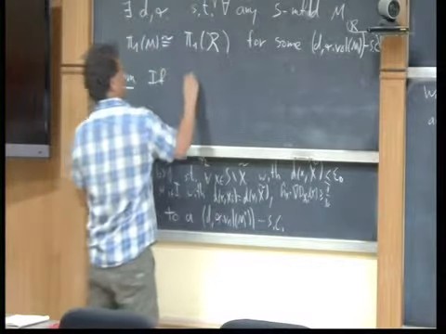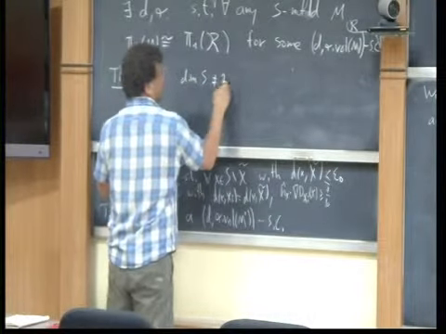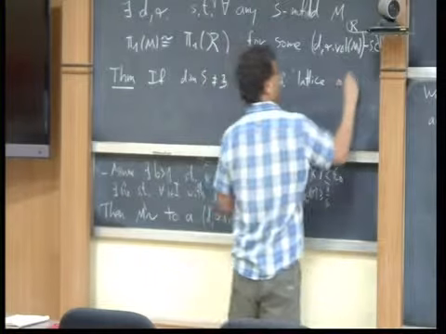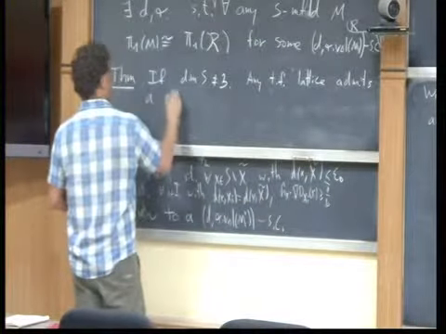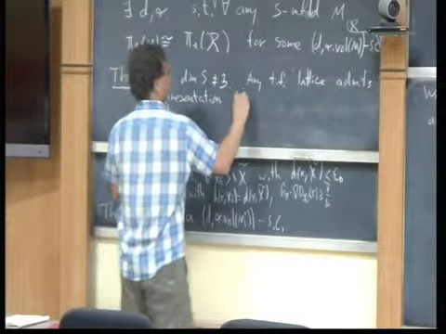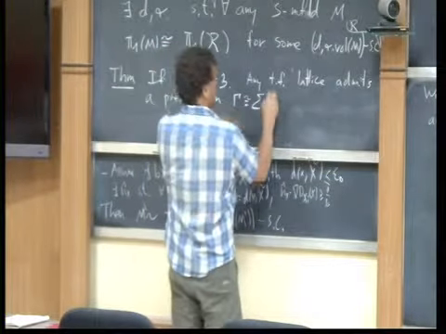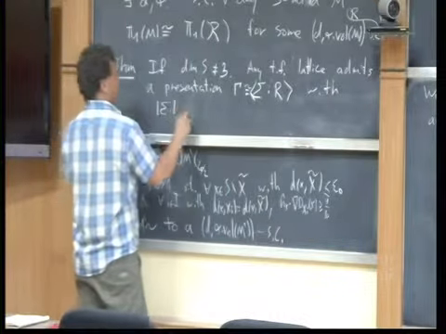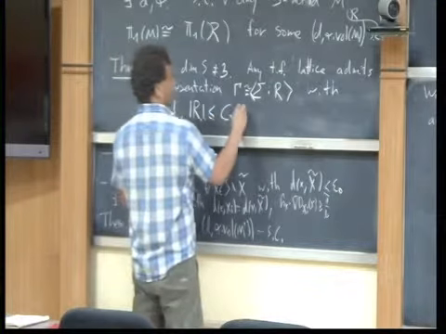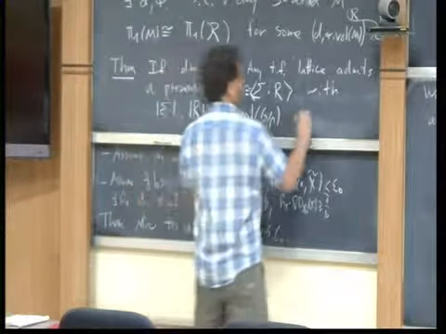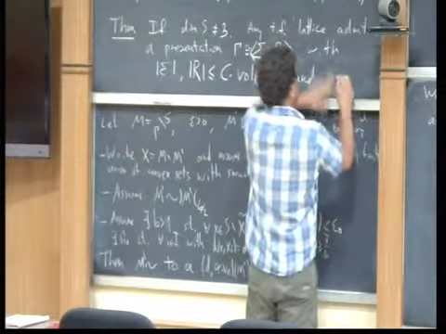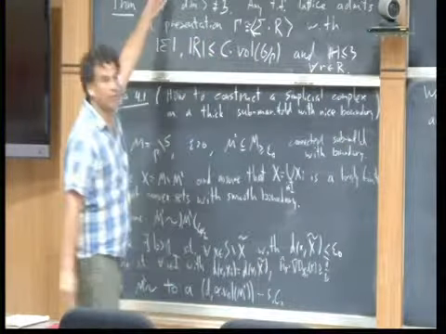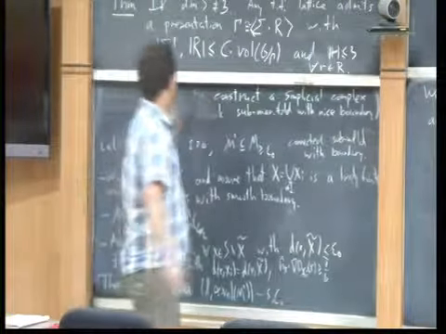So if dim S is not 3, any torsion-free lattice gamma admits a presentation, as a generating set and relations, with both generating set size and relation size at most a constant times the volume of G mod gamma, and the length of every relation is at most 3 for every r in R. So this is a straightforward consequence of the previous theorem, because for every such simplicial complex you can build such a presentation.